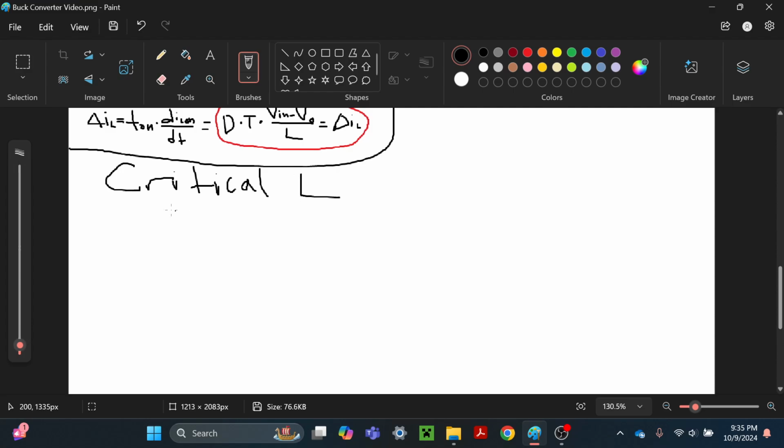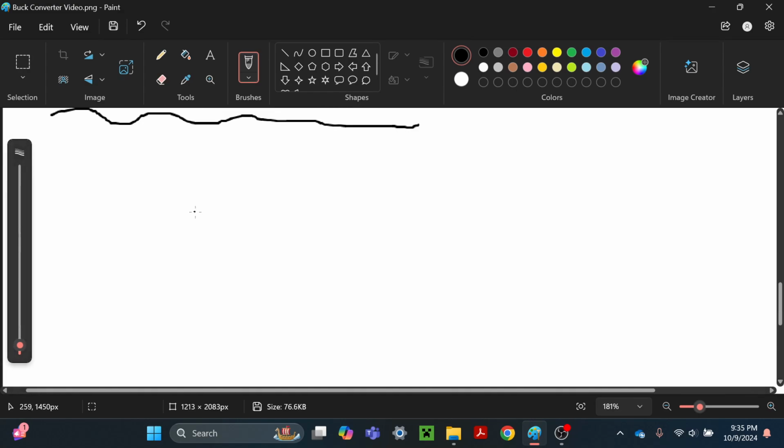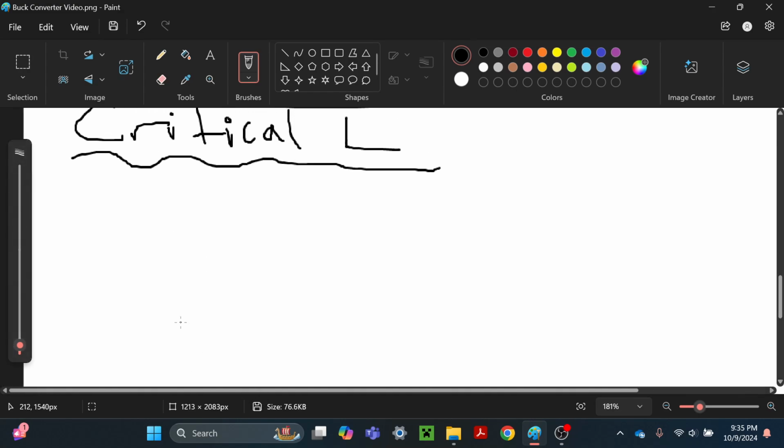That's awful handwriting, but I'm writing with a mouse. So we're going to have to have a current limit that we can output, right? Or your load is just going to have a certain maximum that it can output. So we're either going to be limited by the load, or we're going to be limited by our converter. What is the maximum current we can output from this converter? So that's going to be I out max.